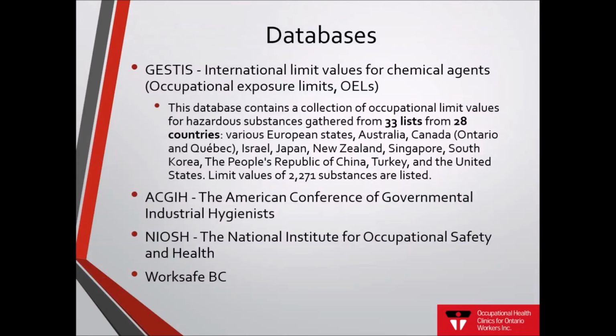For example, Canada has both Quebec and Ontario, and Germany has two institutes, the AGS and the DFG. So that's why even for 28 countries, there are 33 databases that this database compiles.